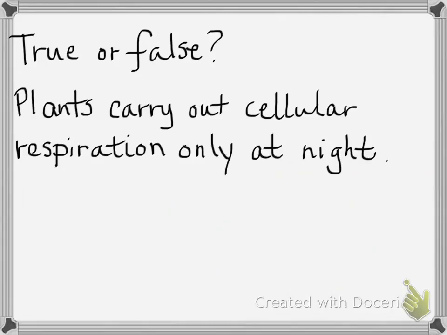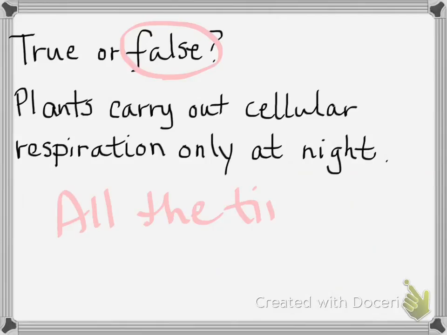True or false? Plants carry out cellular respiration only at night. That is definitely false. When do plants do cellular respiration? All the time. Okay, so cellular respiration makes ATP. Do cells need ATP?